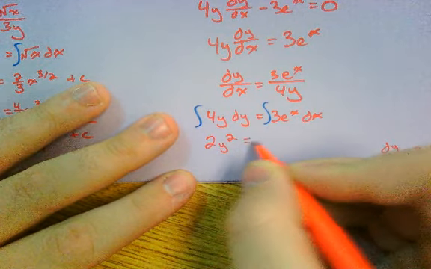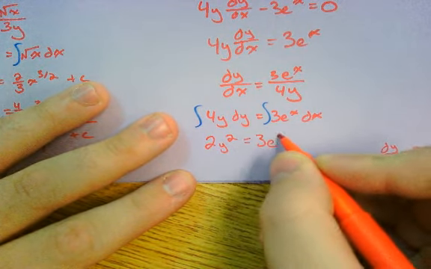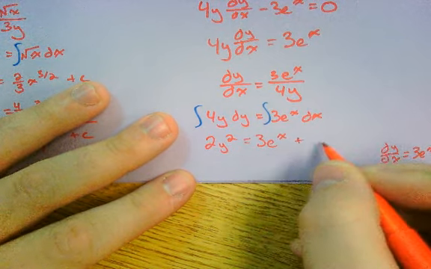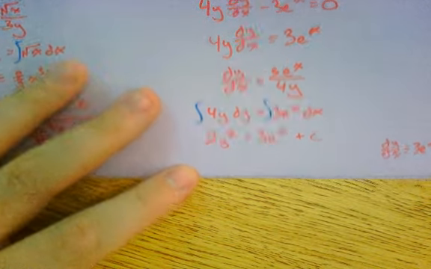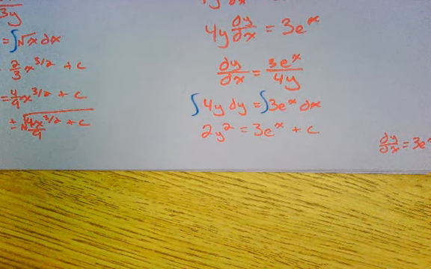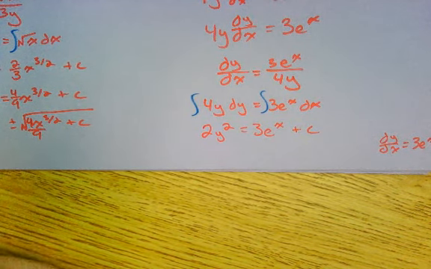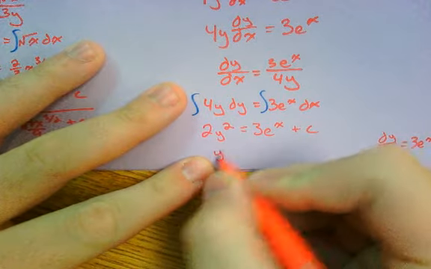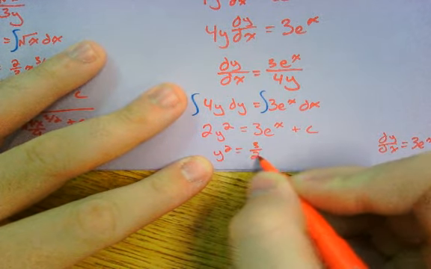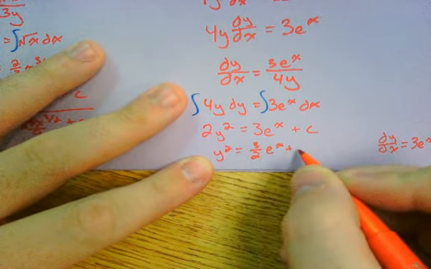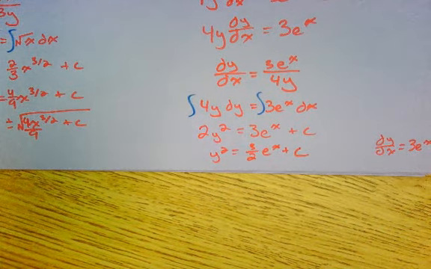How am I doing, English? Yeah, alright, keep going. How am I doing, English? Doing good.